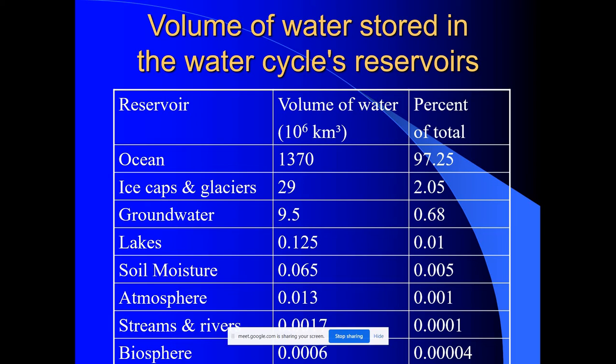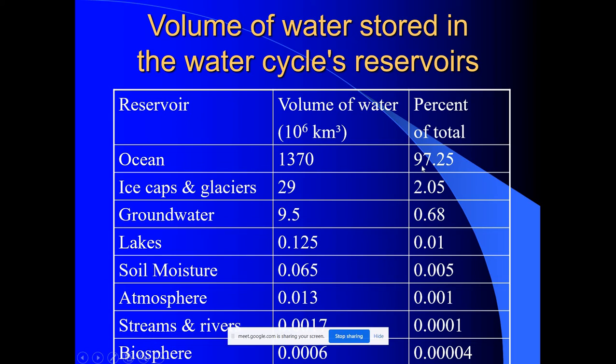The volume of water is stored in the water cycle reservoirs. Here in this table you can see how much water is found in the different reservoirs, like ocean, ice caps and glaciers, and groundwater. So you can compare.